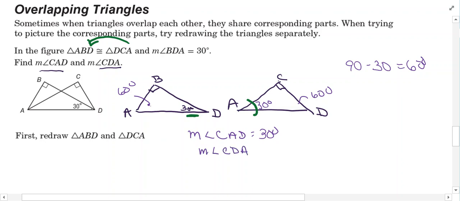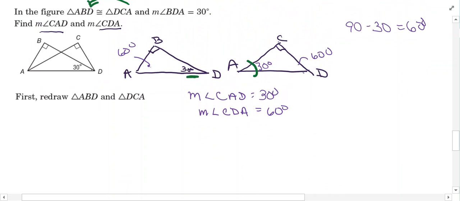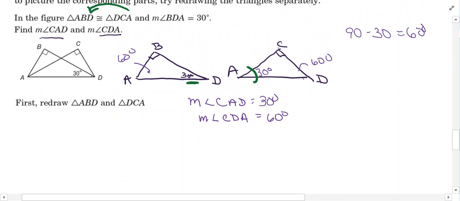So CDA is 60 degrees. That concludes our lesson for 4-3.